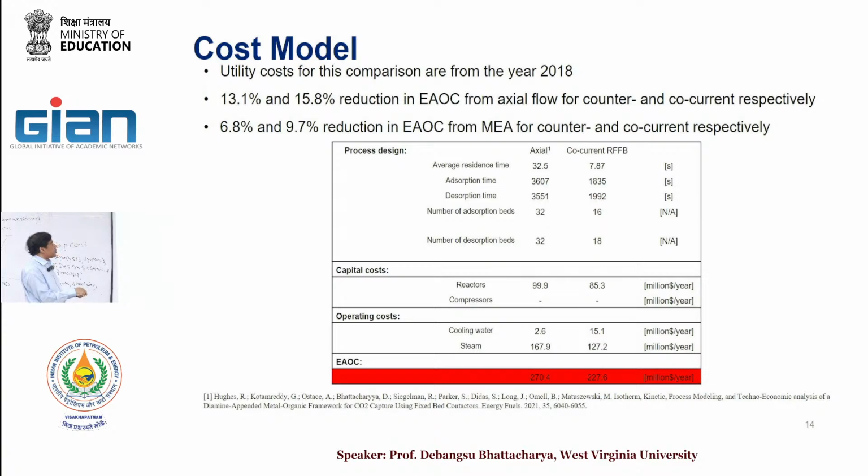The interesting thing we found is the number of beds. If you're considering an axial flow bed for the same amount of flue gas, you needed 64 beds, and here we require only 34 beds.